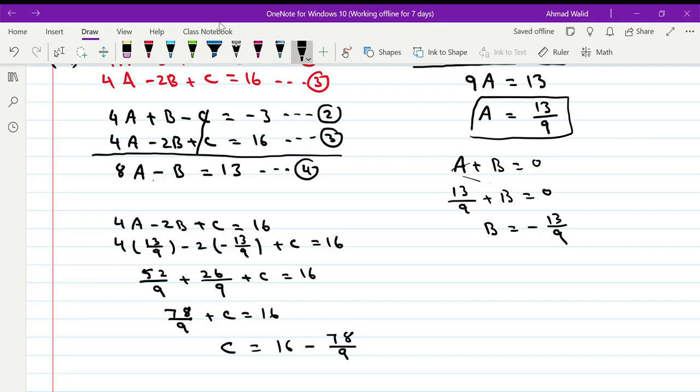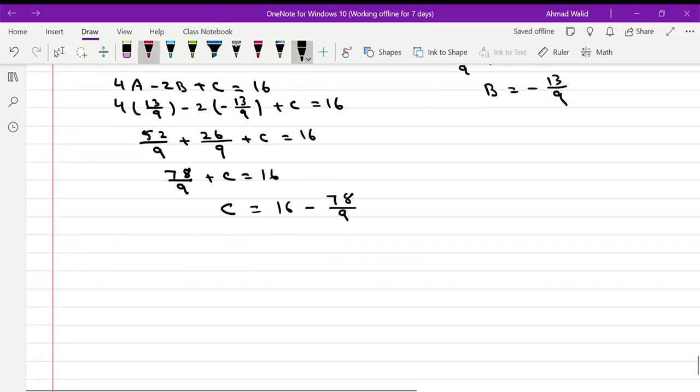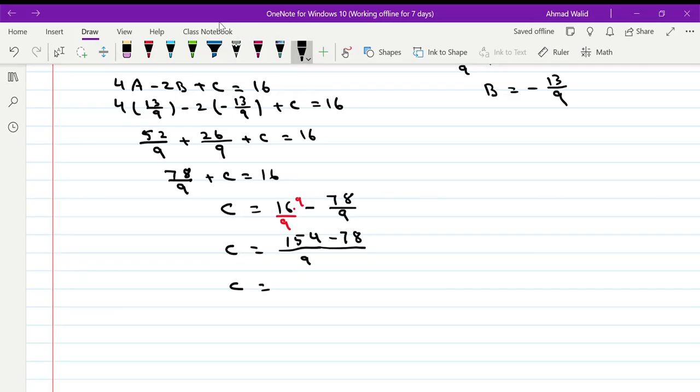You need a common denominator of 9. Wow, these numbers are growing really big. Here times 9, then C equals, denominator 9, 9 times 16, 144 minus 78, which gives C equals 66 over 9.